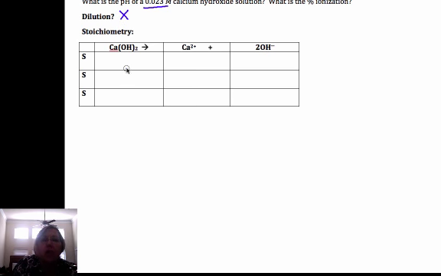Again, no dilution. We're simply looking at what's in that beaker. Molarity is intensive. It doesn't depend on the amount. So I'm going to pop that right in here. Again, the SSS is a little longer, but I want you to become familiar with this, and I think you'll see why by our next video.